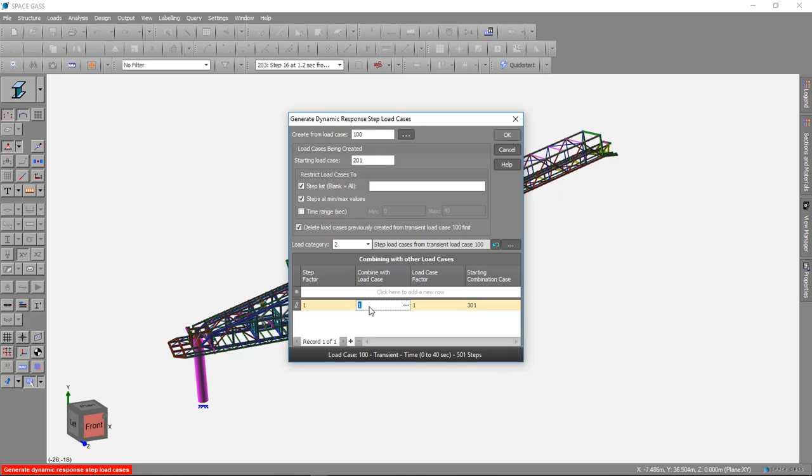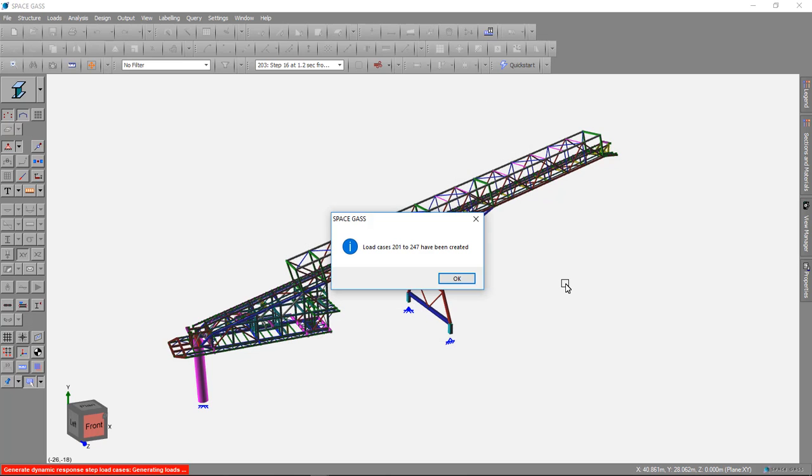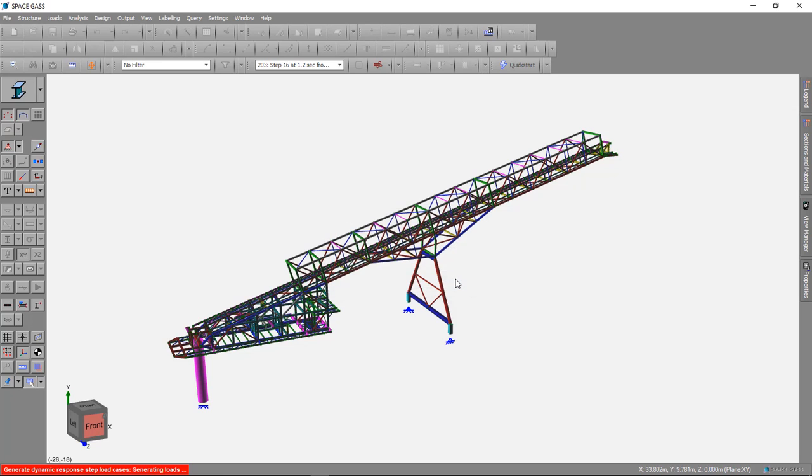Maybe I'll change that to 2 just so that it's not all a whole series of 1s everywhere. So now load combinations starting at 301 are combining the step load cases that start at 201 with load case 2 factored by 1. I hope that makes sense. So we've recreated our 47 load cases, plus we've also created those combination load cases.